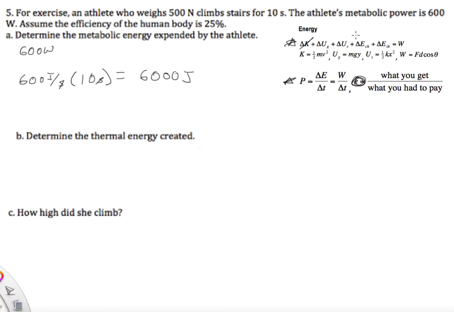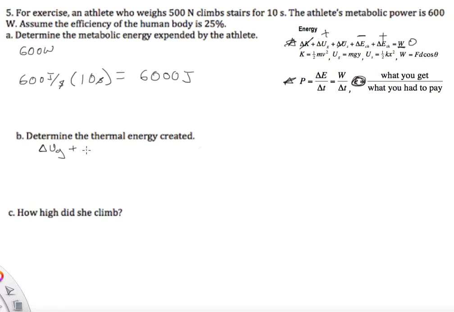She is going up, so that should be positive. There's no spring involved. She's burning chemical energy, and she's creating thermal energy. Now, we want to think about our system as always, and the athlete's included in it, so work is going to be 0.